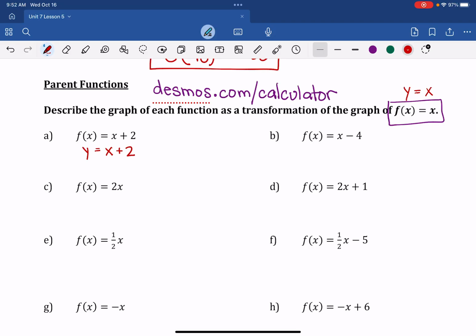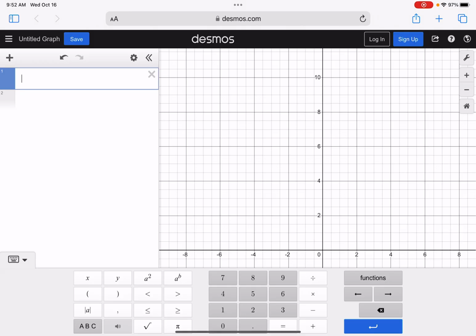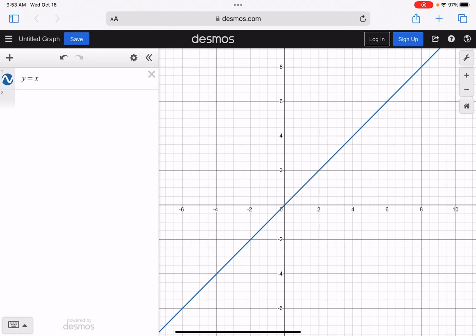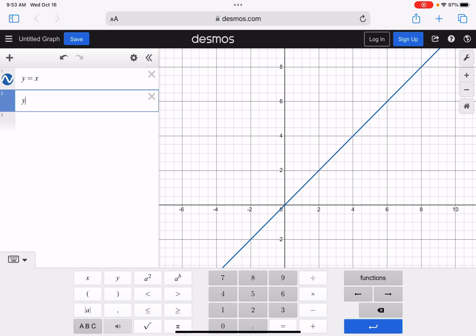So let's go over to Desmos. And I'm going to type in my original function. So up here in the upper left side, I'm going to type y equals x, and then it'll graph it over here. Then on part A, I have y equals x plus 2.